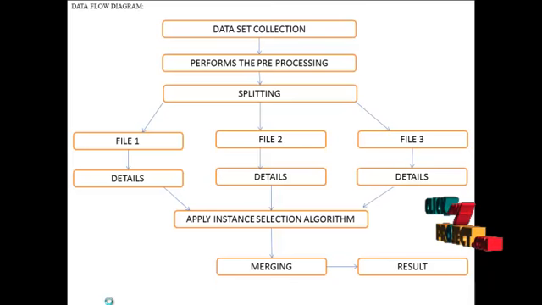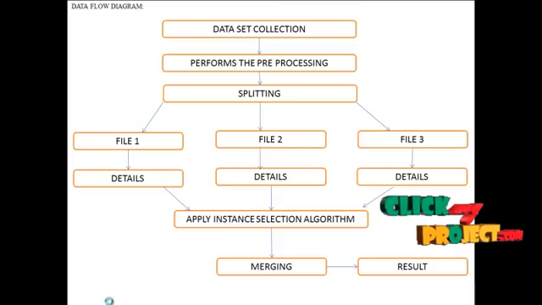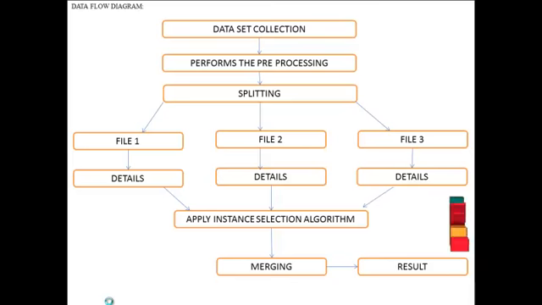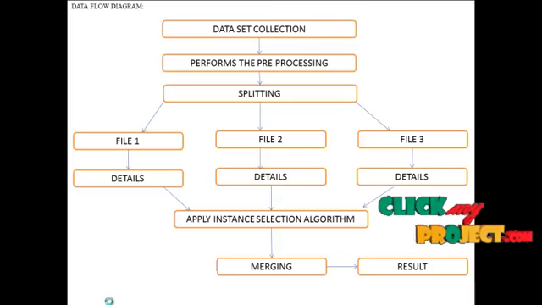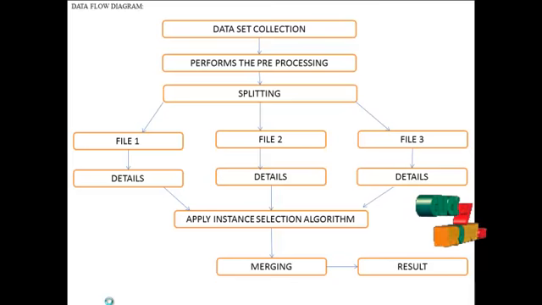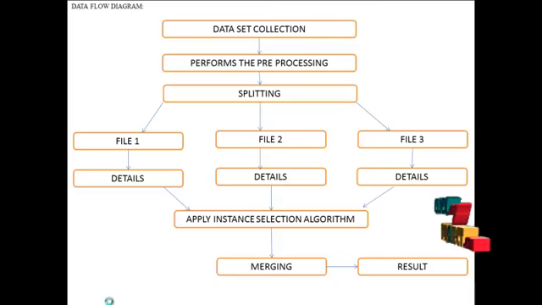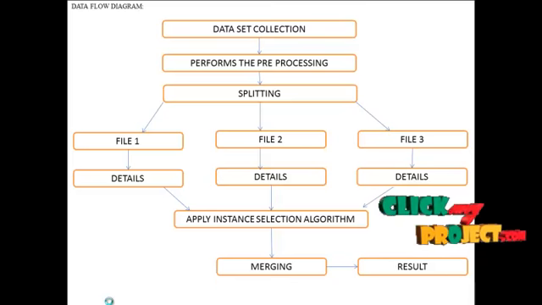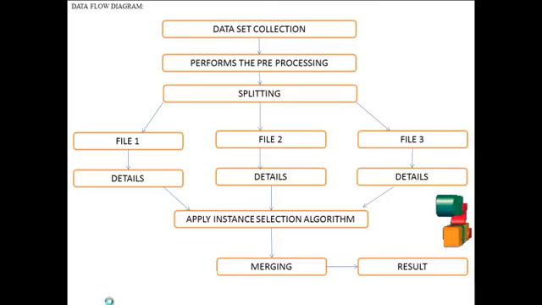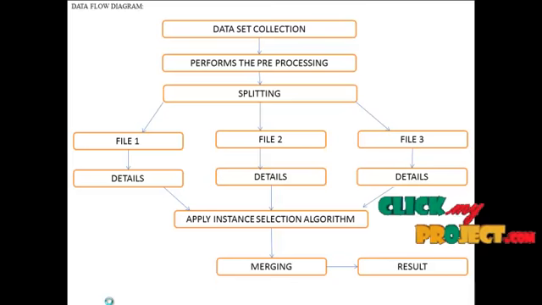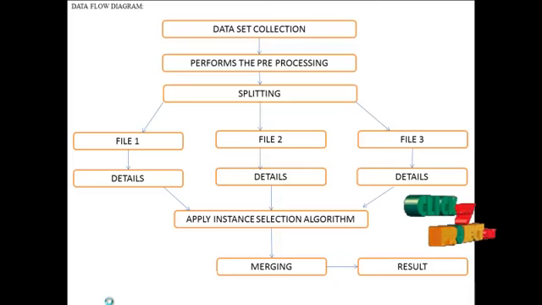The instance selection algorithm uses three kinds of technologies, such as CHC, SMOTE, random, and sample. Each method is applied separately on each file, and each file's result is obtained as a percentage. From this percentage we find out which method gives the best optimized result for converting the imbalanced data set into the balanced data set.